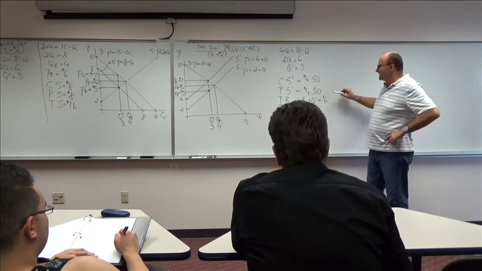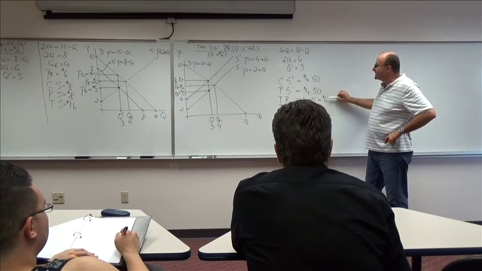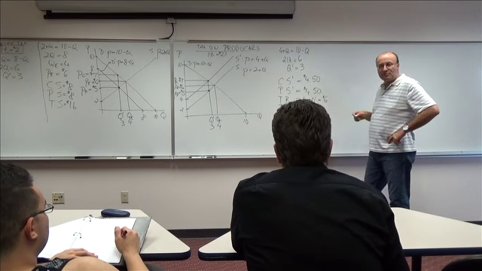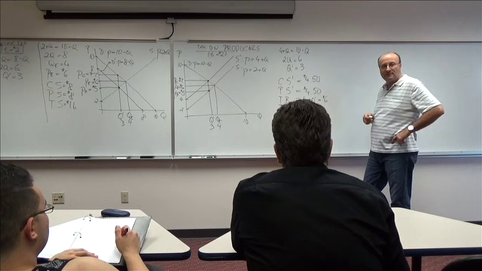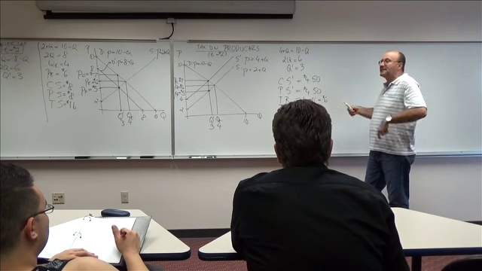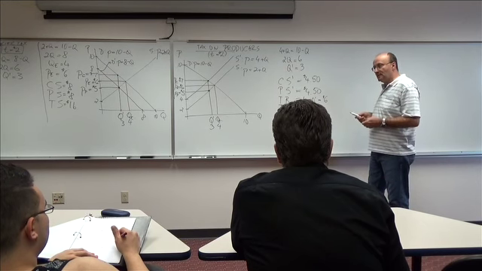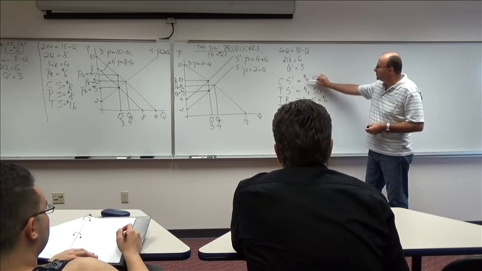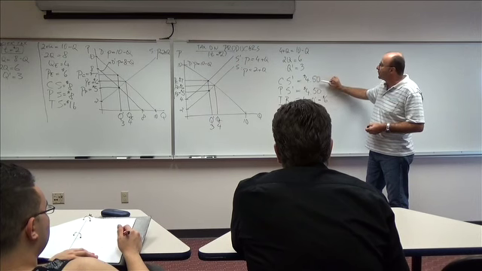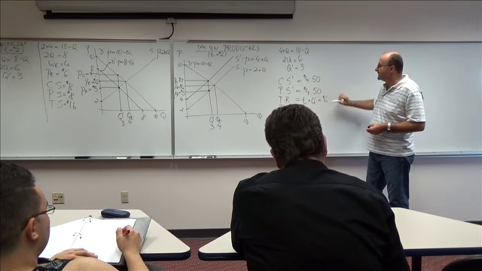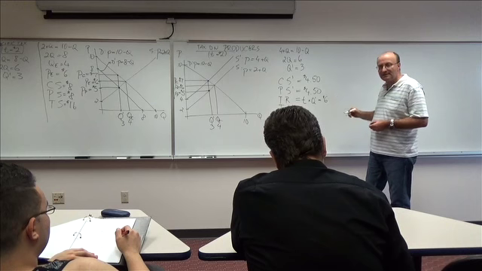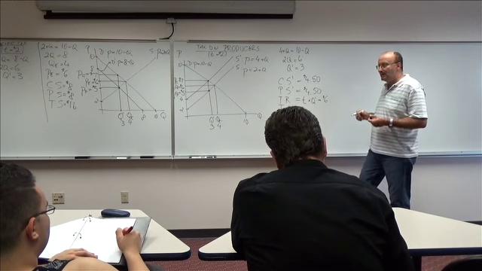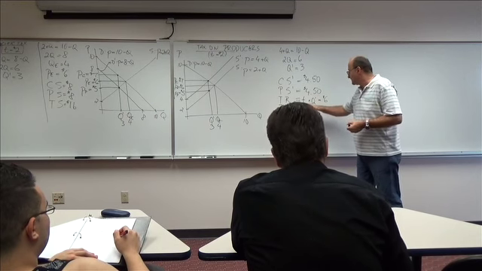Now my question is, should we add $6 to total surplus or subtract it? It's a credit, it's added to the government's revenue, so it actually increases total surplus. So total surplus is now $4.50 plus $4.50 plus $6. How much is that? It's $15.